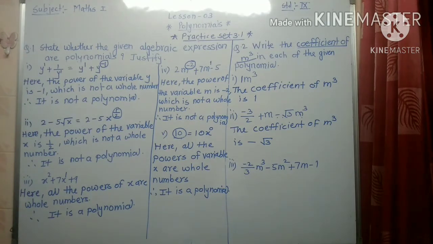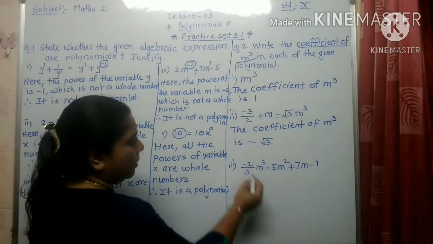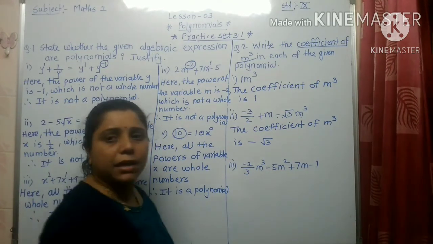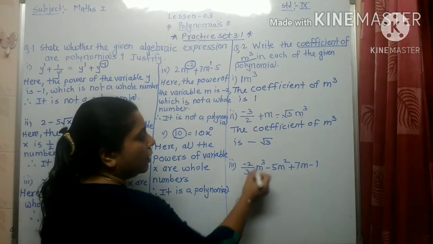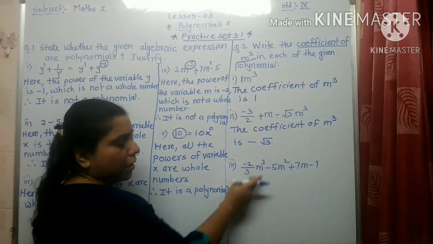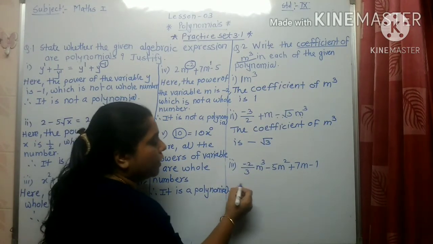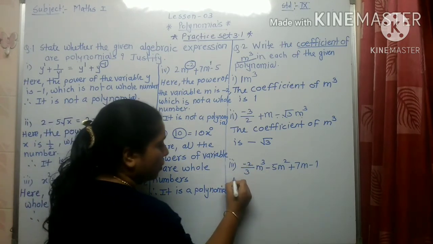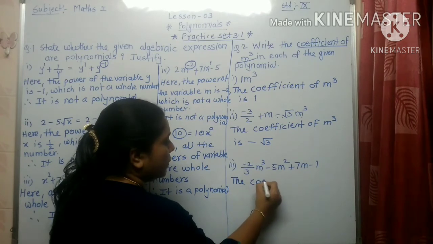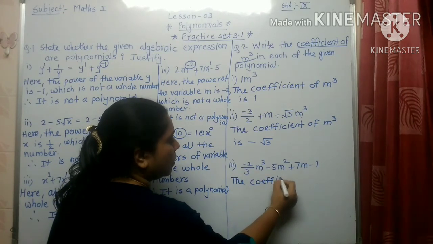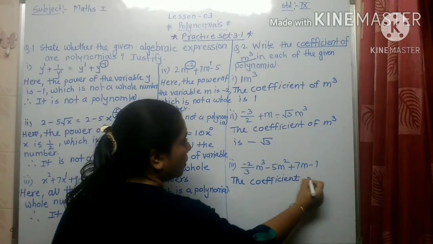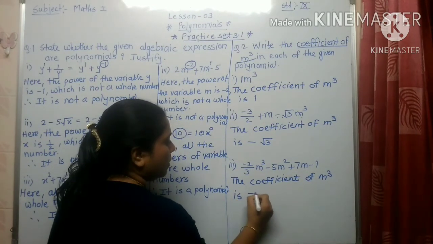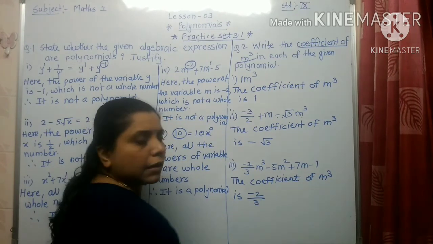Now similarly, come over to the third example. Okay, -2/3 m cube - 5m square + 7m - 1. So which is the m cube term? The first term is the m cube term. So which is the coefficient of m cube? -2/3. So how to write it? The coefficient of m cube is -2/3.